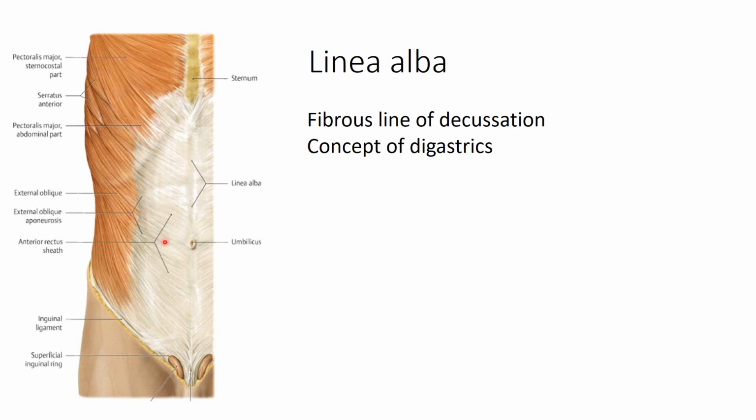And as this middle portion is made of aponeurosis, and laterally the bilateral portions are made of fleshy fibers, this is similar to the digastric, having an intermediate tendon in the form of this anterior aponeurosis, and bilaterally the fleshy fibers. So this is the concept of digastric in the case of anterolateral abdominal muscles.